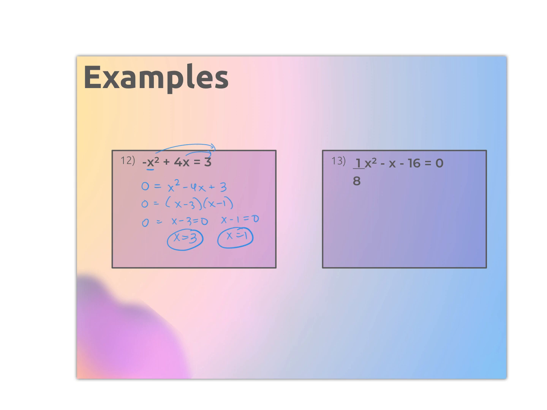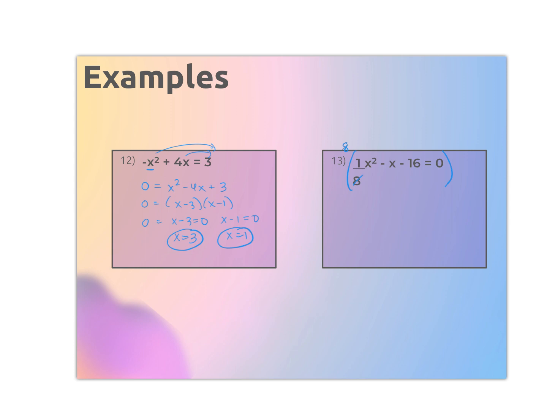So this one here in 13 is kind of weird. It has a fraction. But again, remember, we hate fractions, right? We don't want to work with them. We want to get rid of them anytime we can. And so remember what you learned, that if you multiply every term by the denominator, or if there's multiple denominators by the least common multiple, you're going to be able to get rid of the fraction. So if I multiply this first term by 8, the 8 at the bottom, it'll cancel, so will this 8 here.